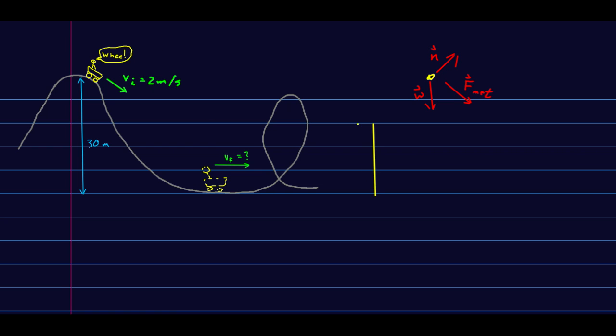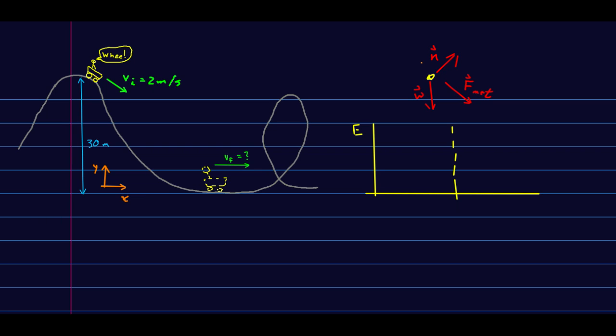So I'm going to start with an energy bar chart. You know what's happening here. It's going down, so this cart is losing gravitational potential energy. So I'm going to set my axes down here. And looking ahead, that means I'm defining my final gravitational potential energy to be 0.